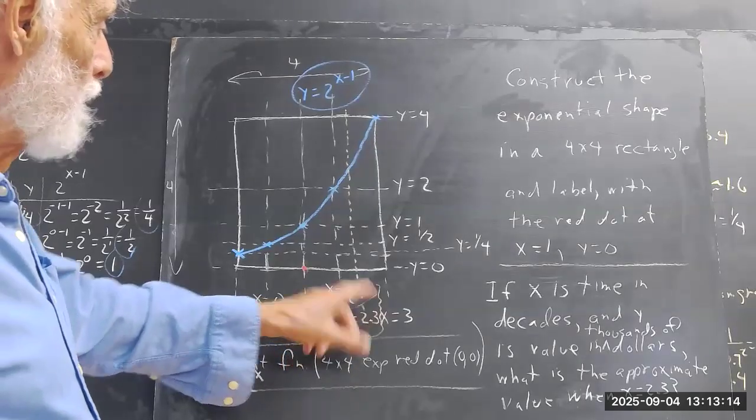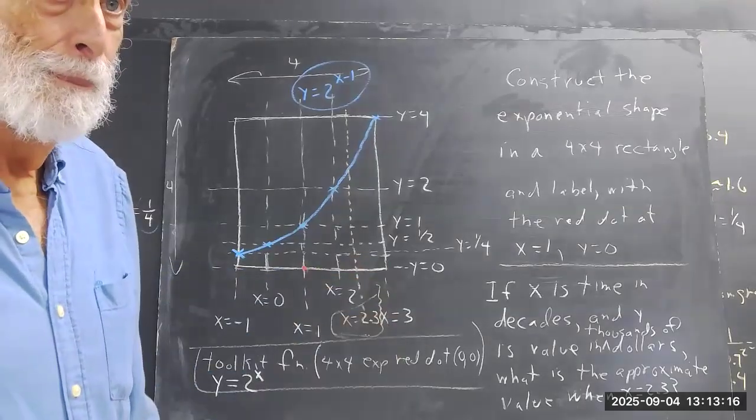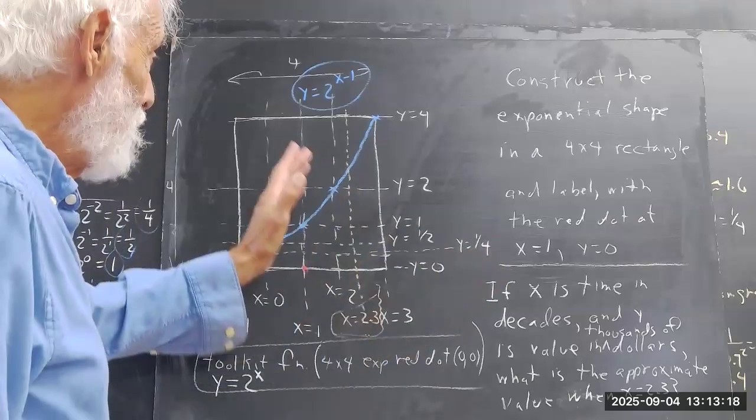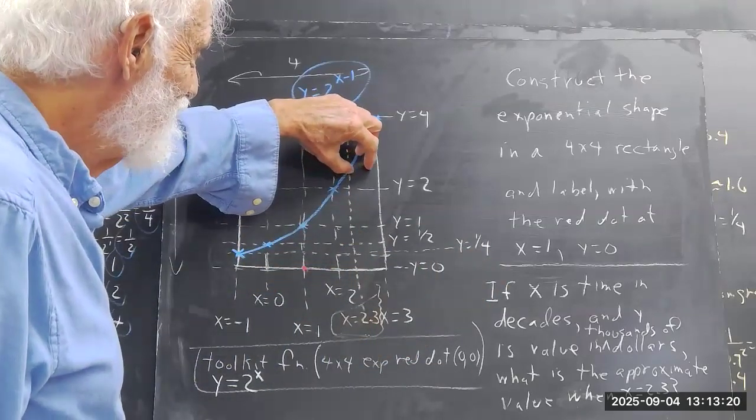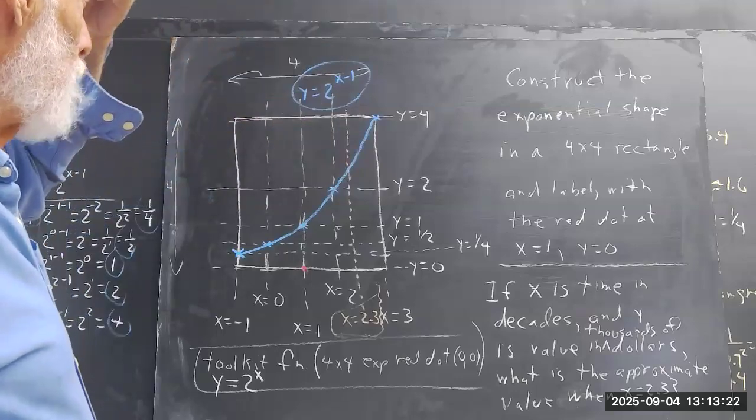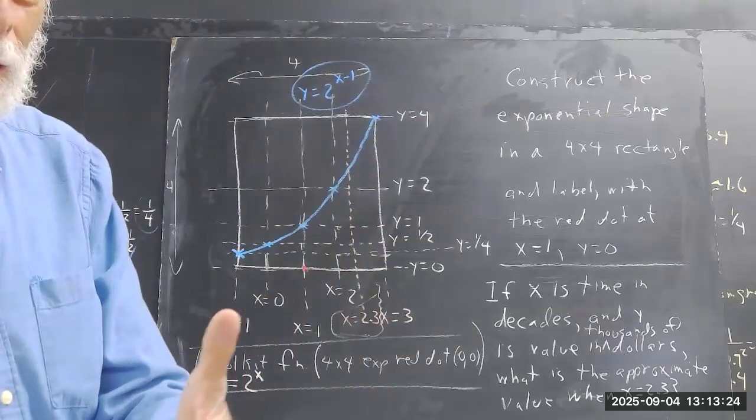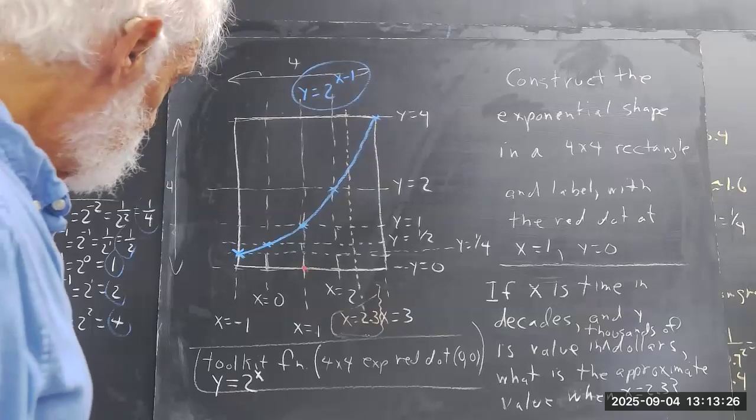It's not unreasonable. I think it's a little too far to the right. It's kind of slanting back a little bit. That's about 2.35 or so.